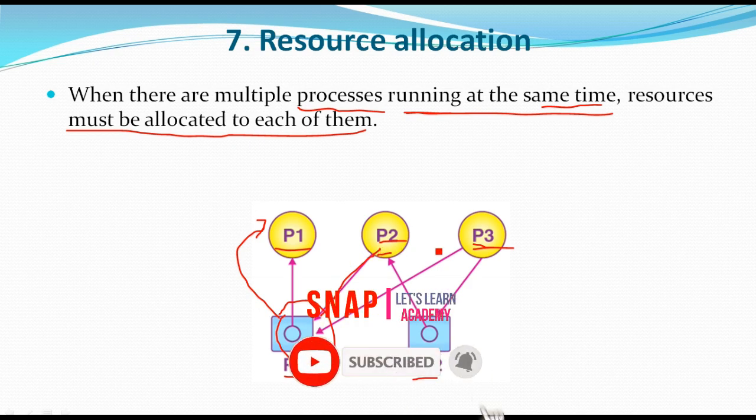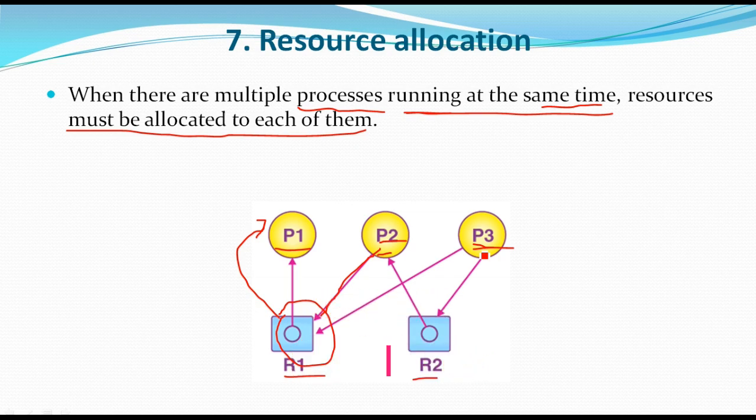How is it allocated? Again, we are using an algorithm and CPU scheduling. With the help of CPU scheduling and an algorithm, we assign this resource to one of the processes running in the computer at the same time. Either we can allocate to P2 or P3, based on what kind of CPU scheduling algorithm we are using.